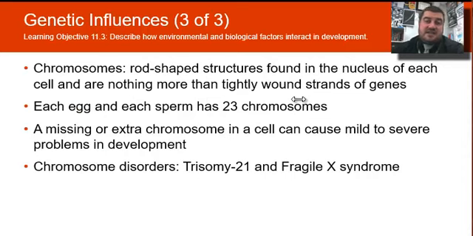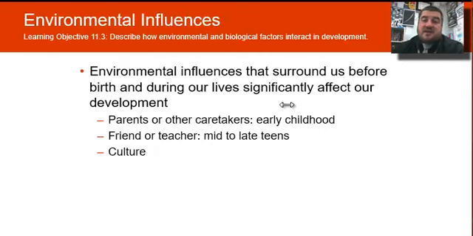Chromosomes, and basically each sperm and egg have 23. Together they form 46, but a missing or an extra chromosome can cause problems in development, and here are some examples of chromosome disorders. Environmental influences range from parents or caretakers in early childhood, friends and teachers in mid to late teens, and then the culture one is brought up in as well.